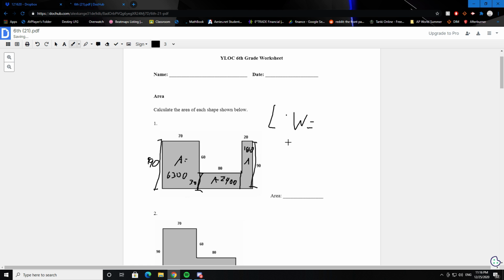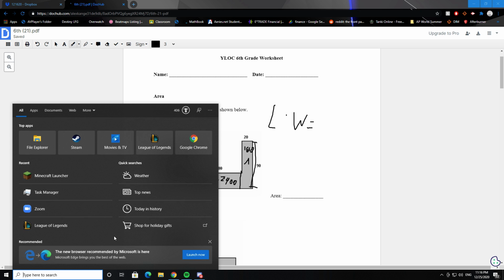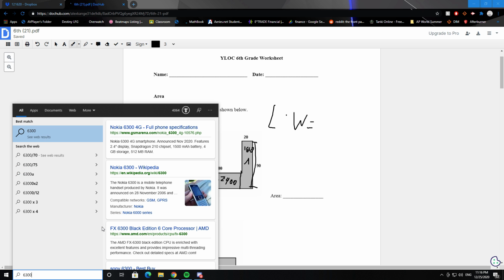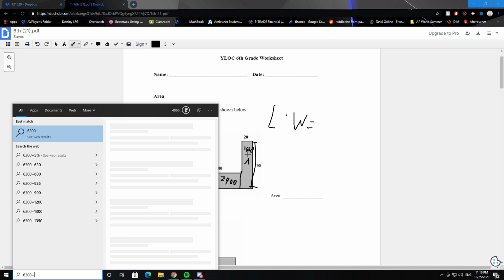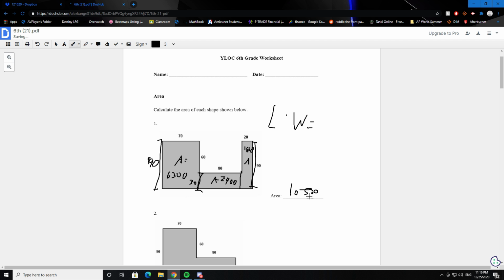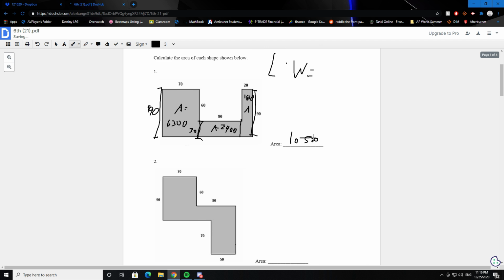If you add all of this up, I'm not going to do this mentally real quick, so I'll just do addition. 2400 plus 1800. It should equal 10,500. And that's your answer for this problem.